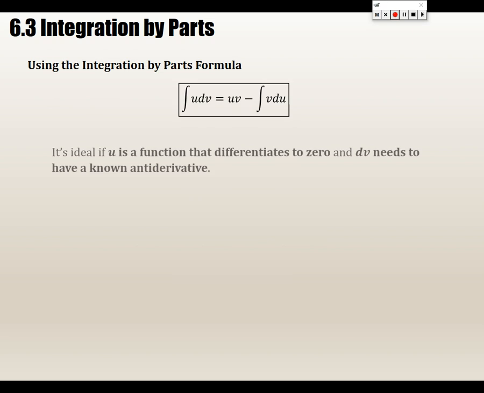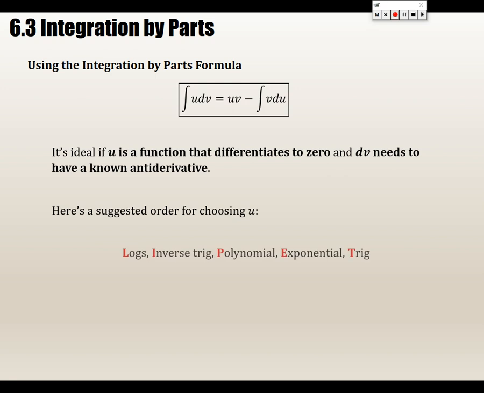So how do we decide what u and v should be? It's usually ideal to choose a u that has known derivatives that differentiate to zero, and we need something for dv that has nice antiderivatives. It's hard to say this before actually doing a problem or two, but this is the suggested order to pick.